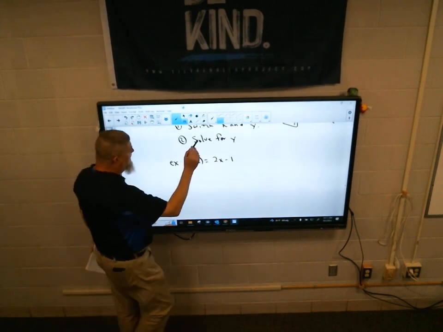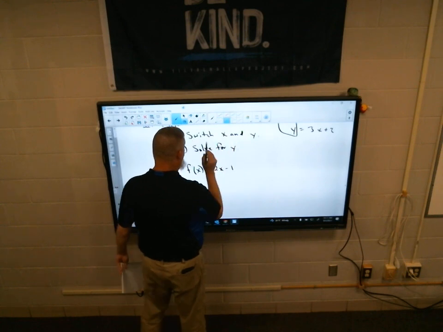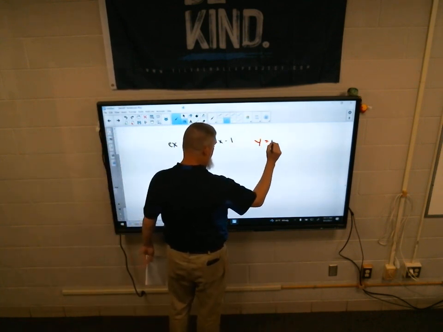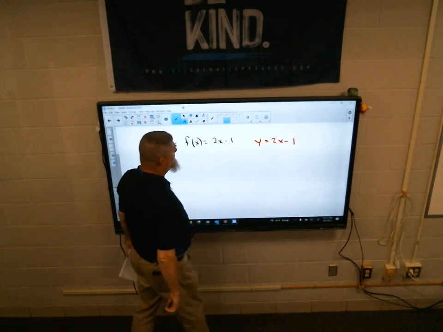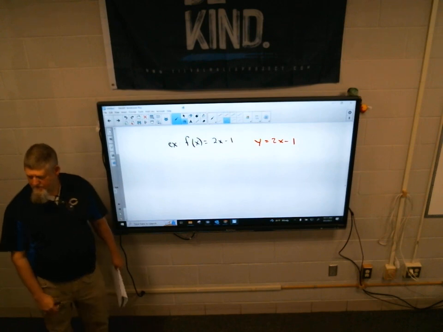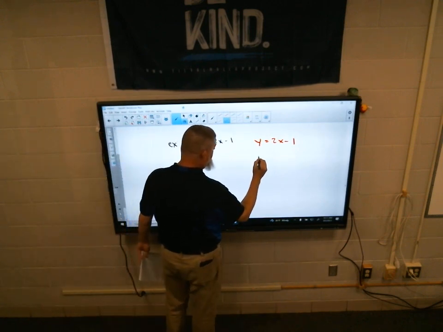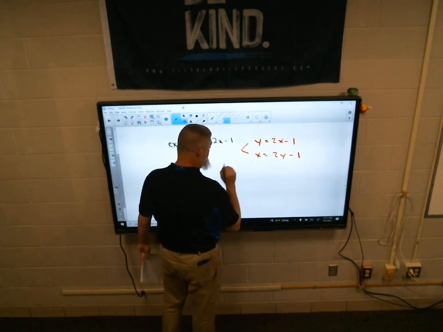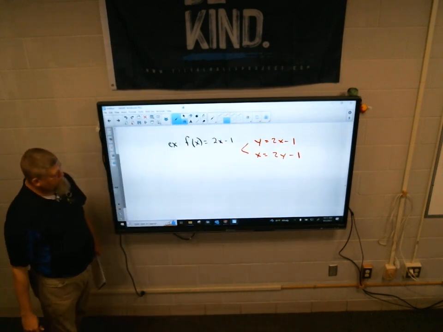Well, first of all, I know this is the same as y equals 2x minus 1, correct? You good with that? So I'm going to take the x and the y and switch places. x equals 2y minus 1. Switch the x and the y.